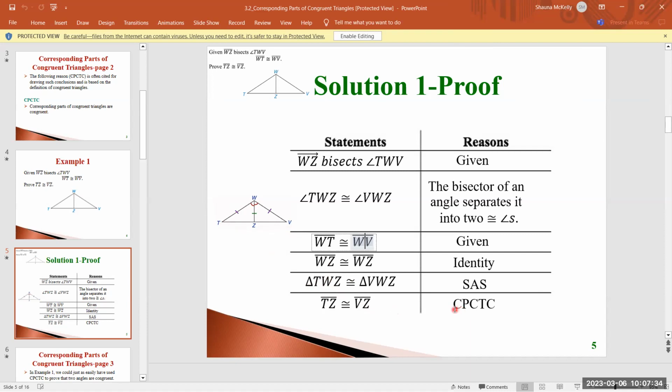And it would be wrong if we used TZ and VZ instead of WZ as a side. You can't use this last statement as a side because you're trying to prove that statement.